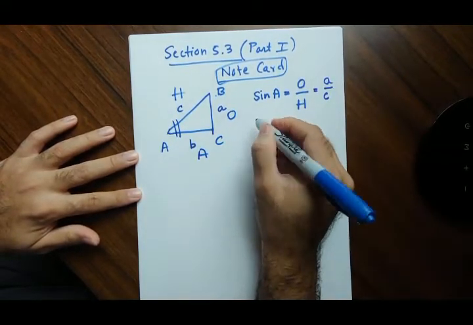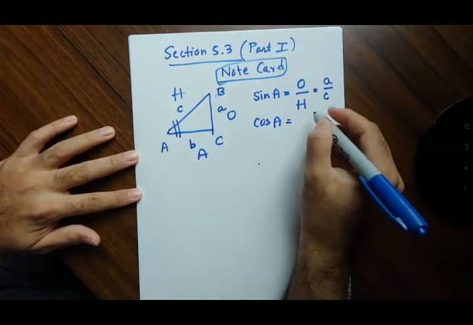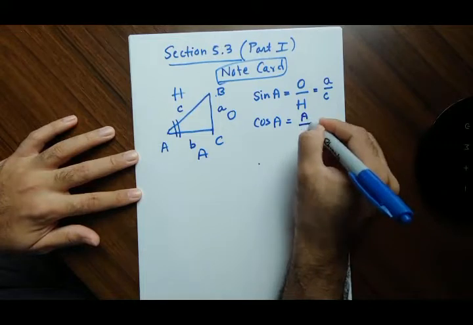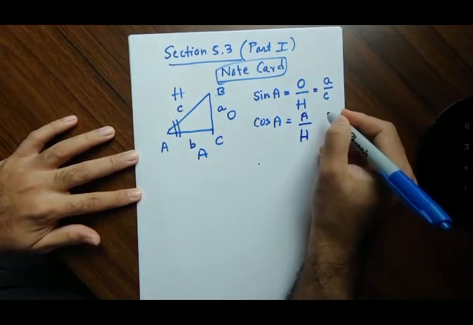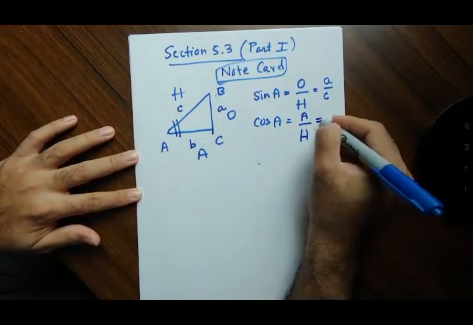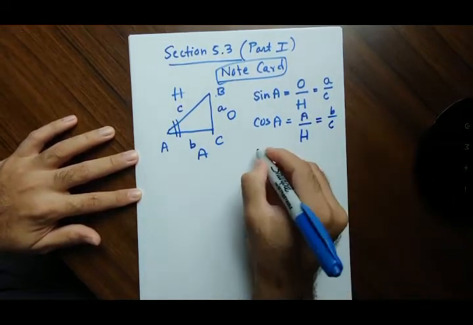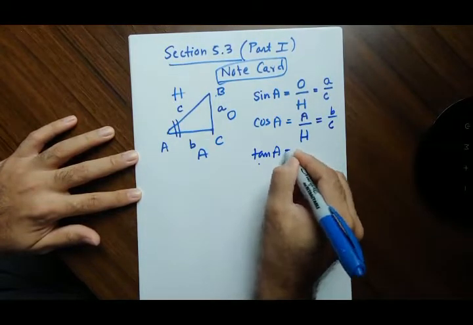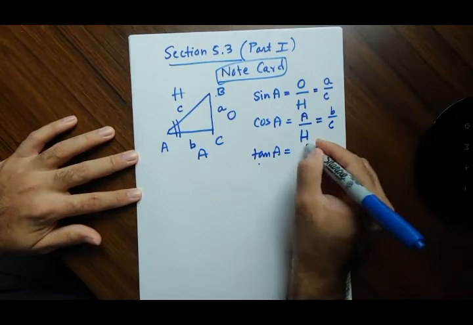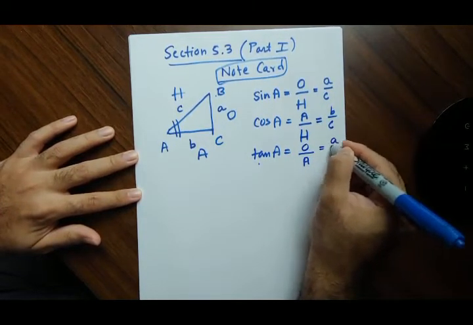Similarly, for cosine, it'll be adjacent over the hypotenuse, and in this case that will be b over c. Tangent is similarly the ratio of these two, which is opposite over adjacent, which in this case will be a over b.